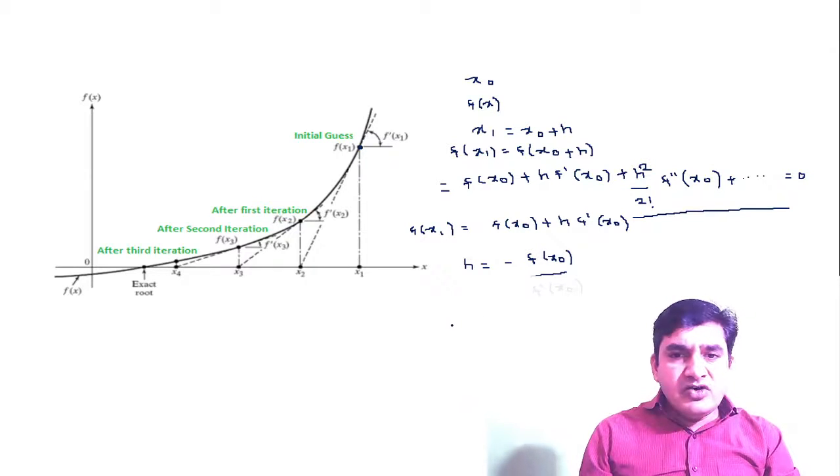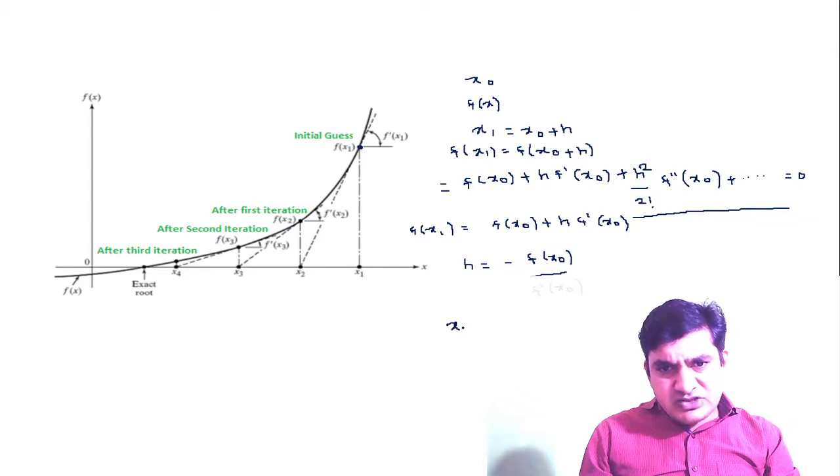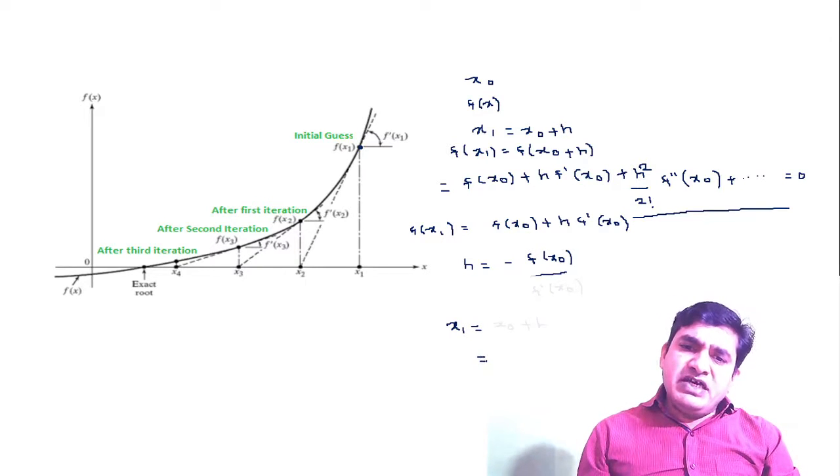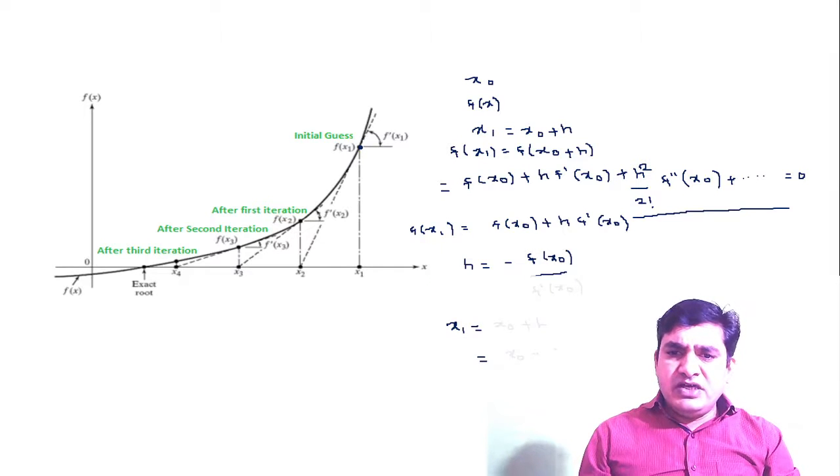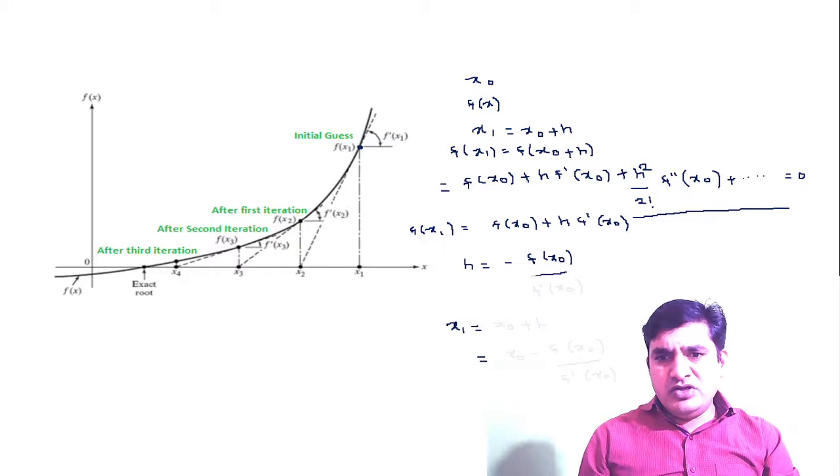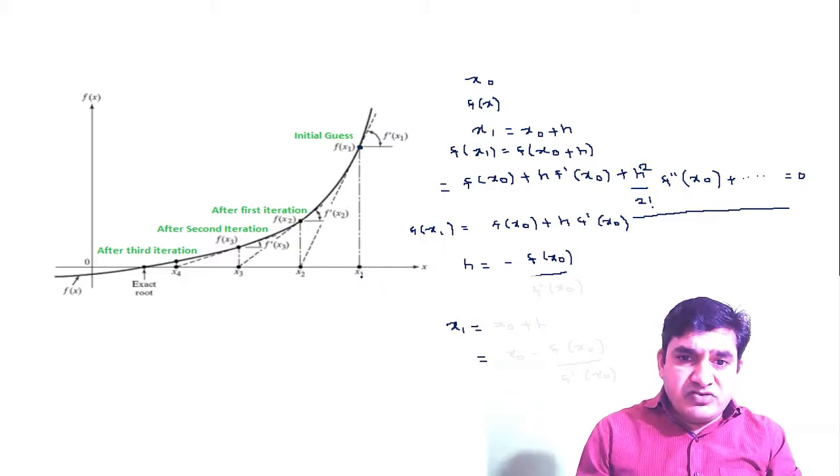And therefore we get x1 is equal to x0 plus h, so this can be written as x0 minus f of x0 divided by f dash of x0. This is the first value we get here.